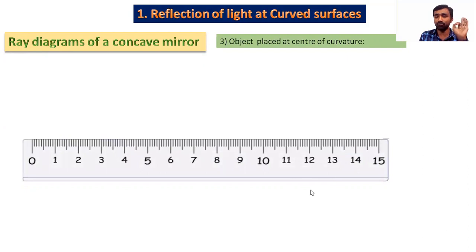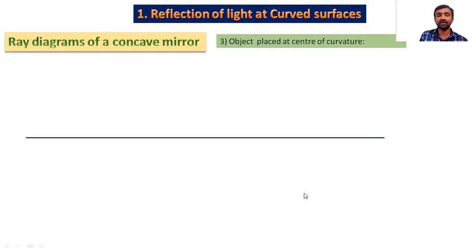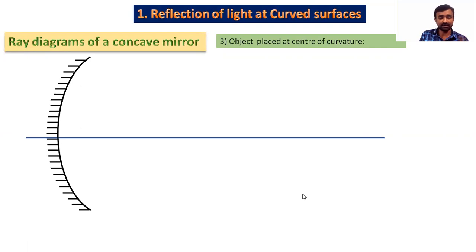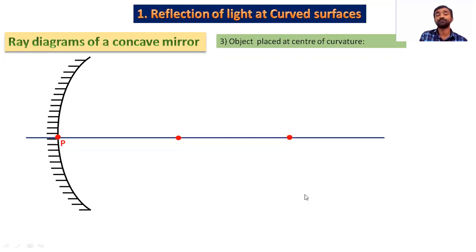I am following the same logic. First, I draw the principal axis, then cut the arc using the same distances as you learned in the previous diagram. Make the concave mirror, then identify its pole, focus, and center of curvature. Then put the object exactly at the center of curvature, its height exactly equal to the width of the scale.